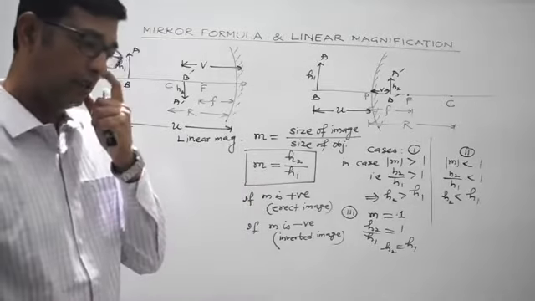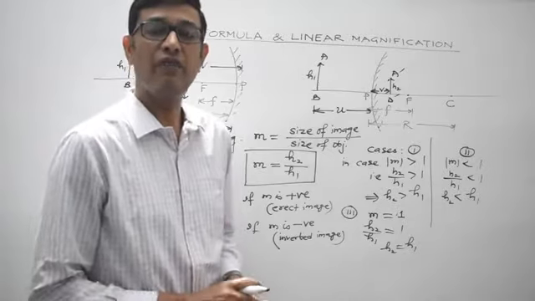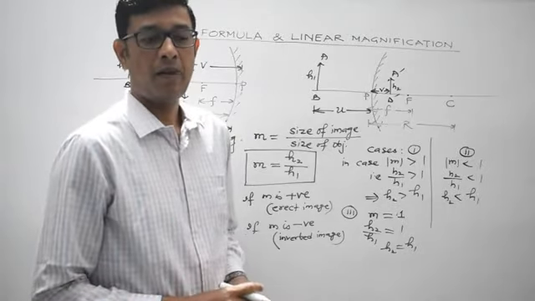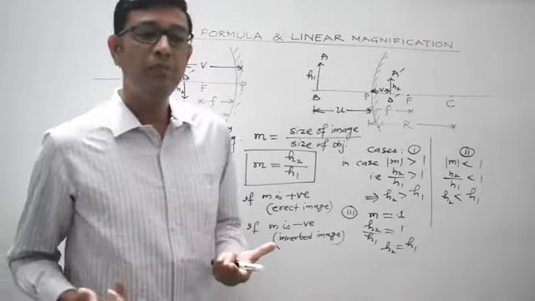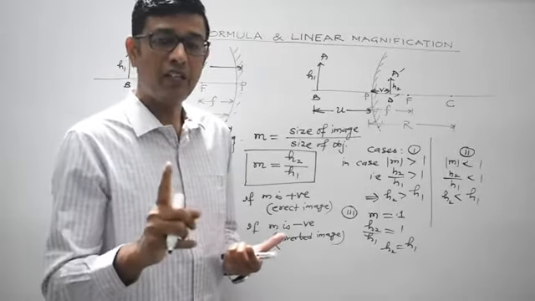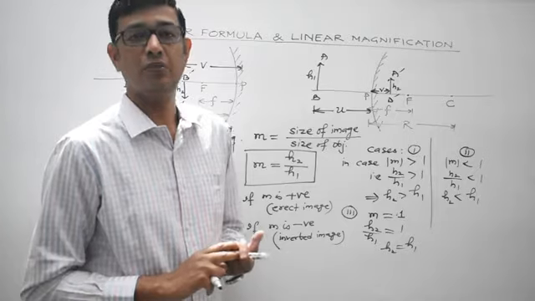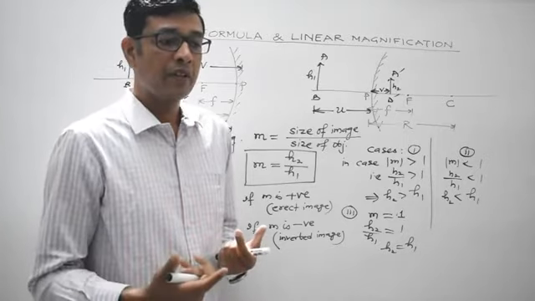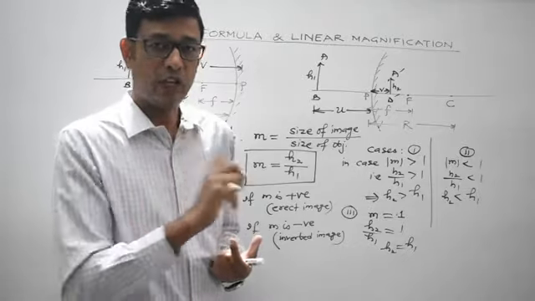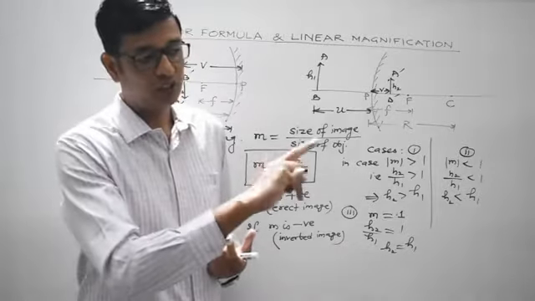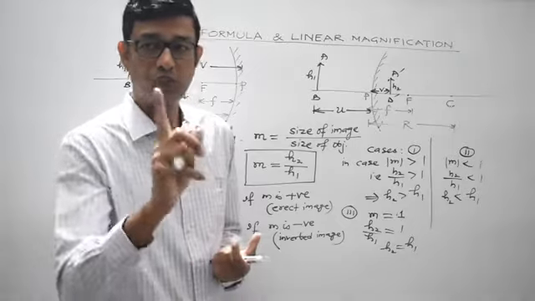So a question arises, what will be the linear magnification of a plane mirror? Now look, in the previous section we discussed that in the case of a plane mirror, the size of the image obtained is exactly equal to the size of the object. Also, the image obtained in case of a plane mirror is erect. So m would be positive, and since the size of the image is equal to the size of the object, it will be equal to 1.